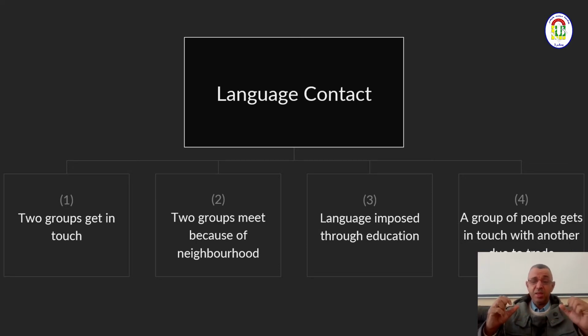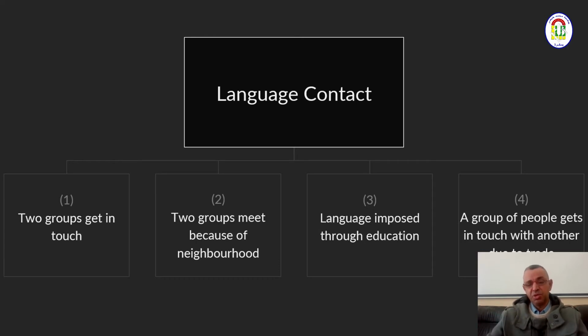Before we talk about the examples and manifestations of language change, let's repeat what we said before: when two groups speaking two different languages meet, in order to communicate, they try to create something between them based on one language or the other, or based on the two languages.